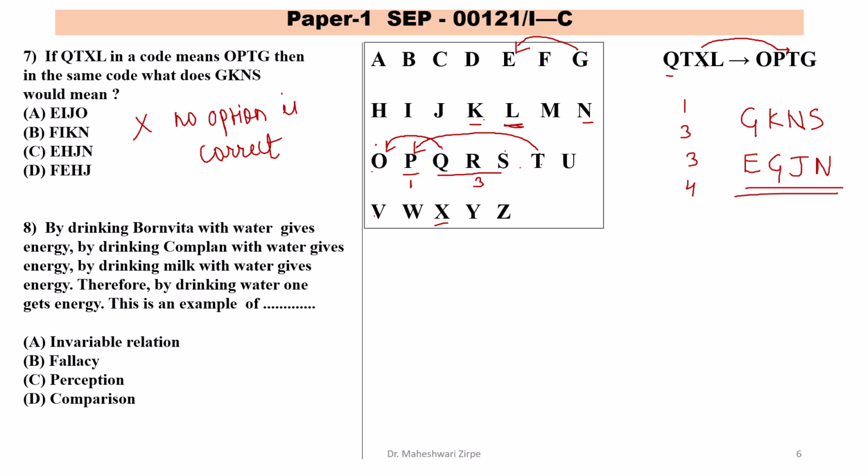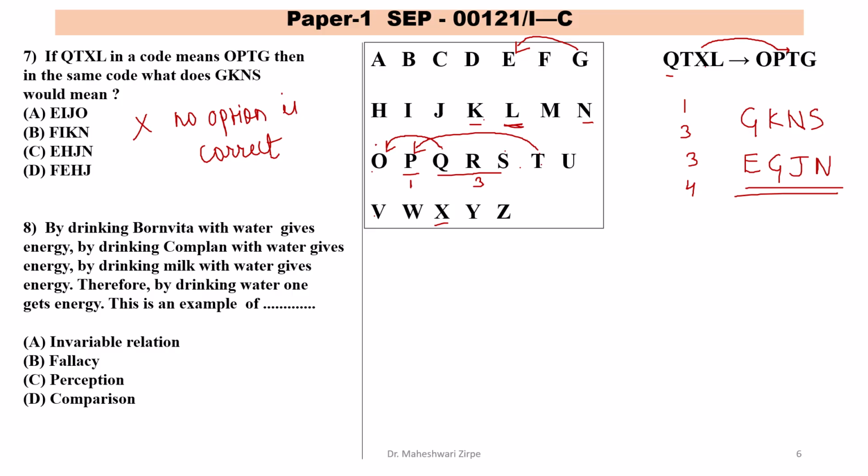Now next is, by drinking Borvita with water gives energy. Read such questions carefully. What are they saying? By drinking Borvita with water gives energy. By drinking Complan with water gives energy. By drinking milk with water gives energy. Therefore drinking water one gets energy. This example is dash.